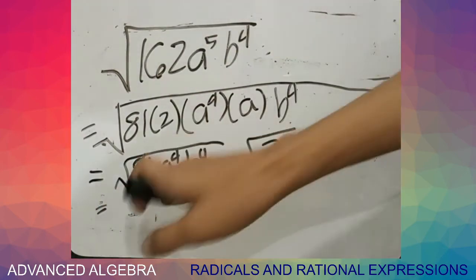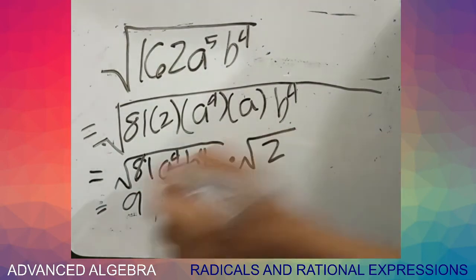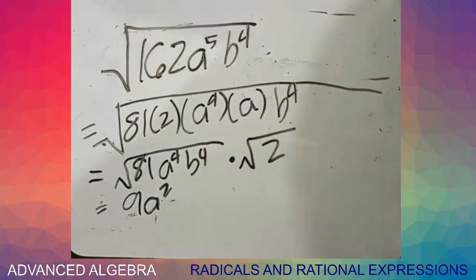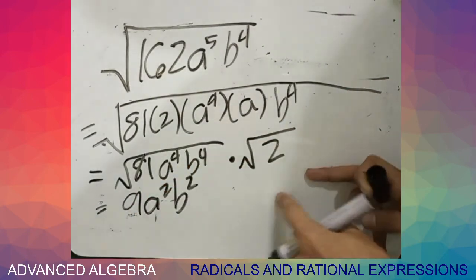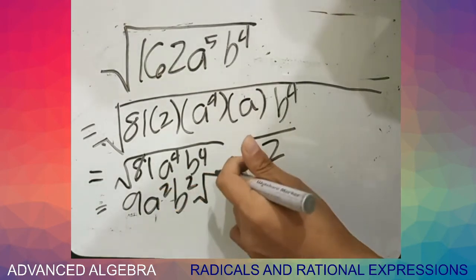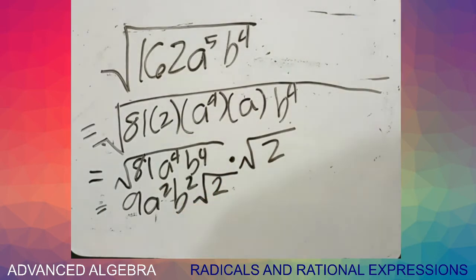So, ano square root ng 81? So, 9. So, ilabas natin. Square root ng a to the fourth power, a squared. So, square root naman ng b to the fourth power, b squared. Then, times natin sa the square root of 2. So, tatanggalin natin yung kanyang multiplying symbol. So, ibig sabihin, ang sagot ay 9a squared b squared the square root of 2.